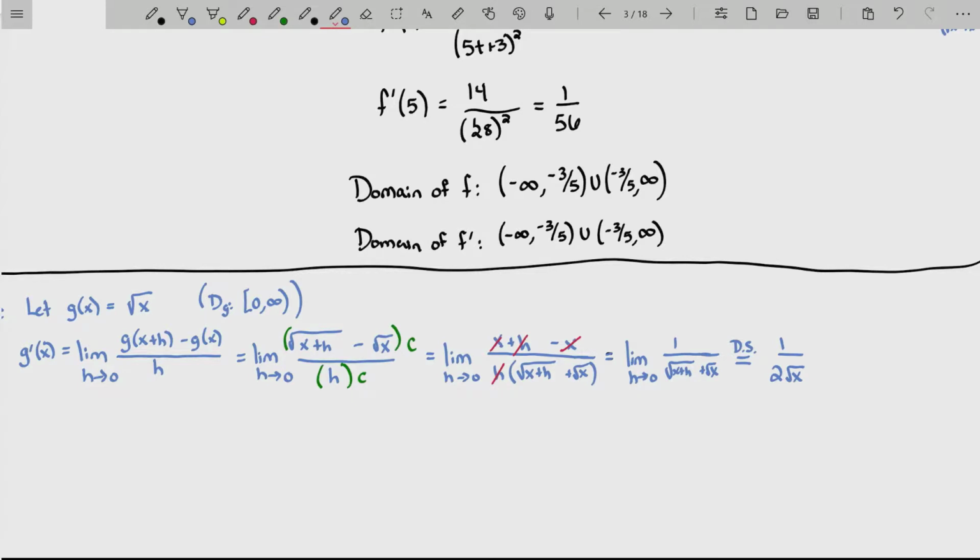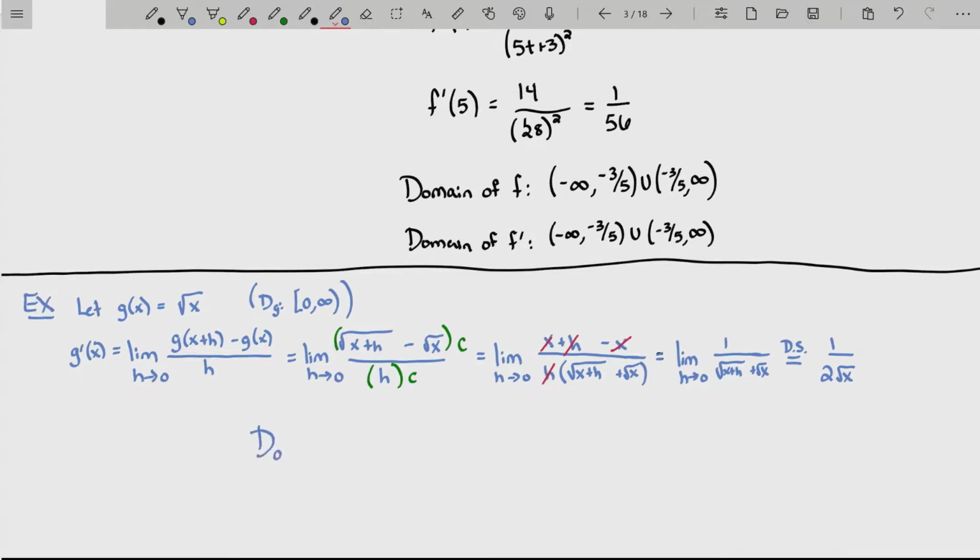The domain, this is the critical part, the domain of g prime is not the same as the domain of g. It's actually 0 to infinity, not including 0, because if you try to include 0, you'd have division by 0. And this is the critical part about domains of functions versus domains of their derivatives.